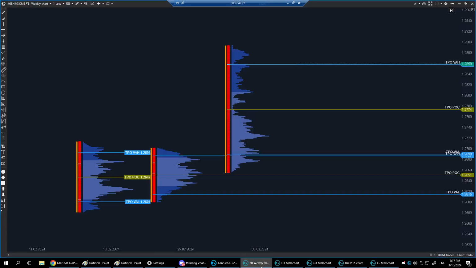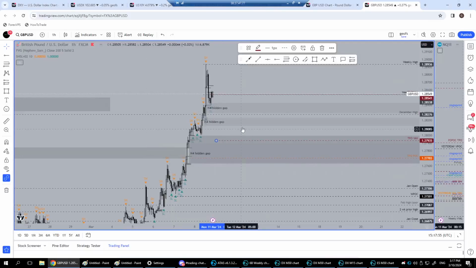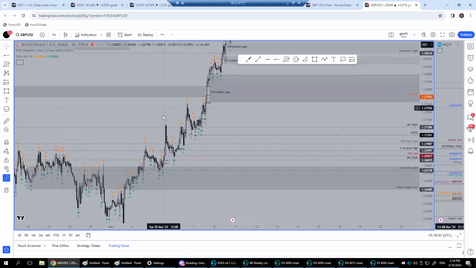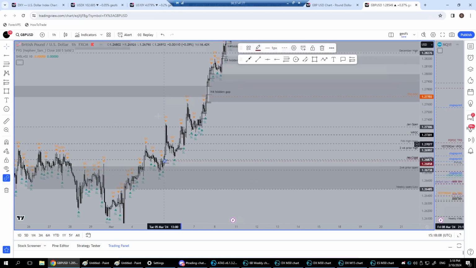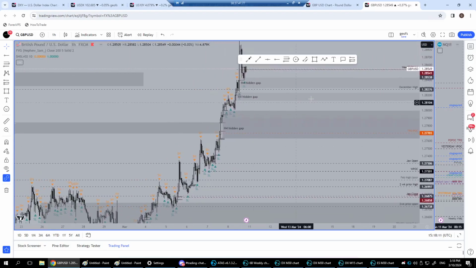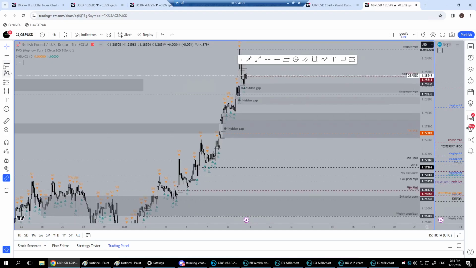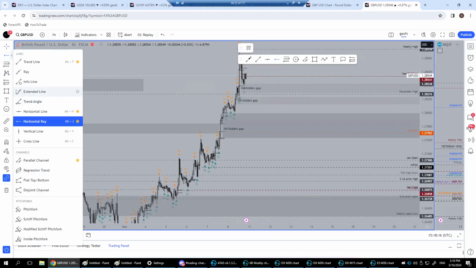And what was the VAL? 2685 roughly. Wow, that's quite a value area. I would say that's bigger than the average weekly range for cable.